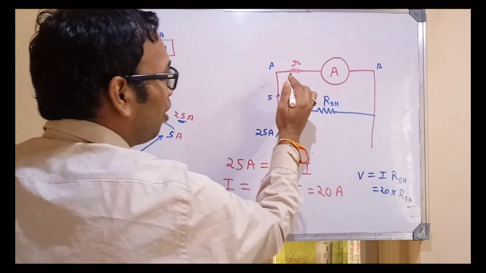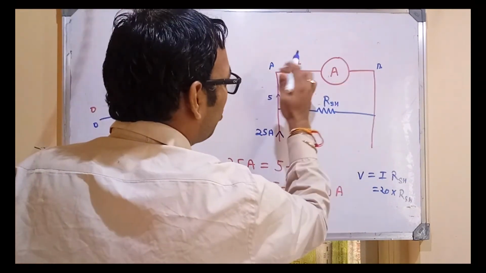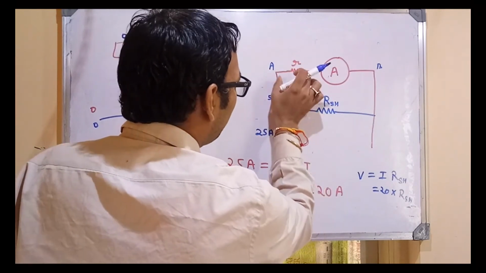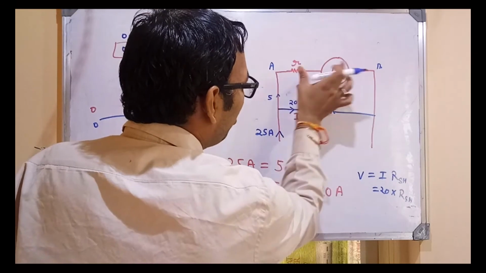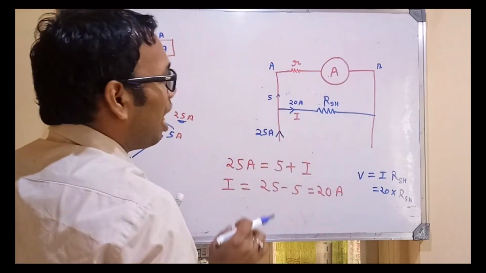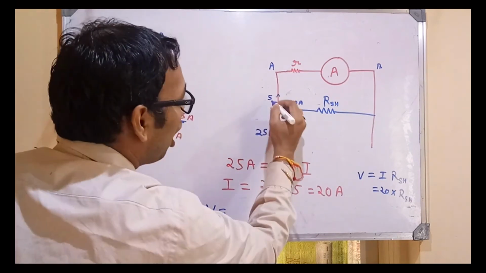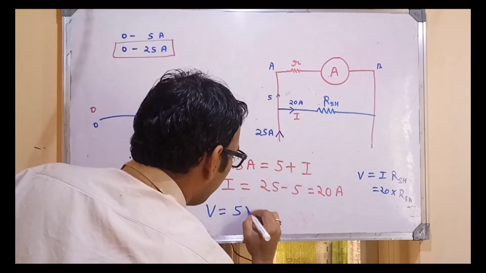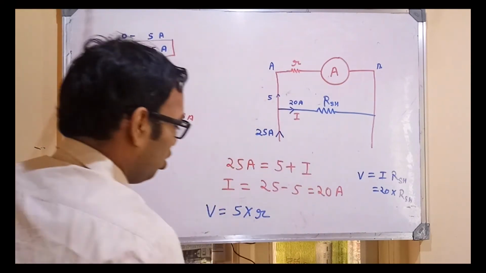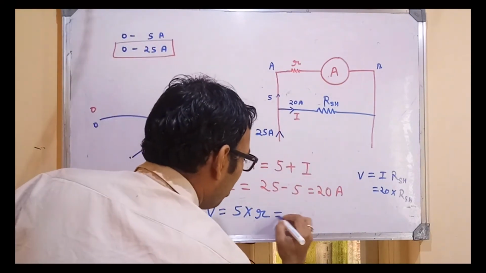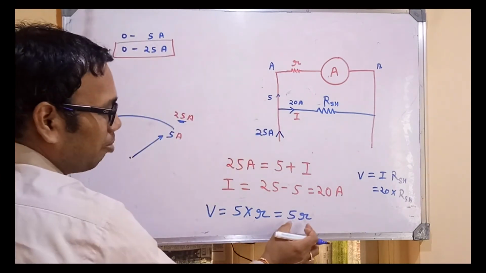So we have to calculate the potential across A and B. We know the current, and we know the internal resistance of the ammeter, small r. So V is equal to I times r, which is 5 ampere into small r. So the voltage is 5r.